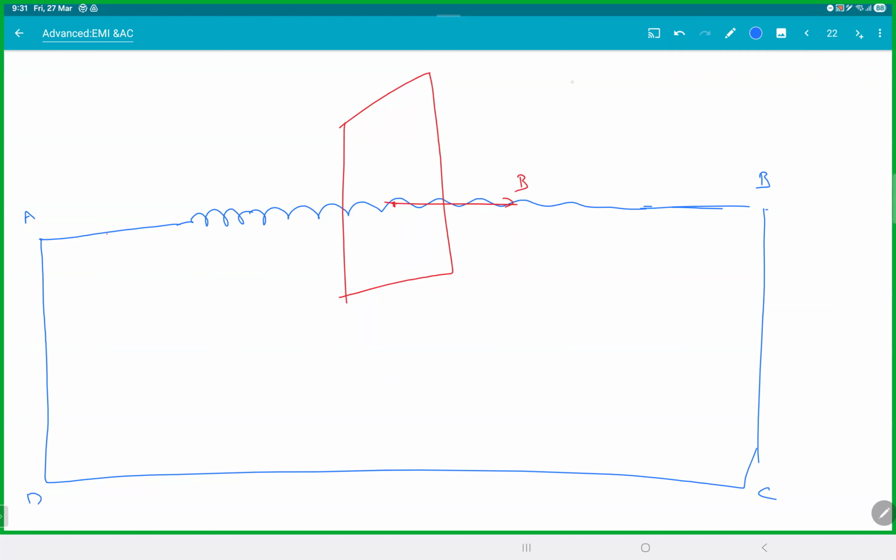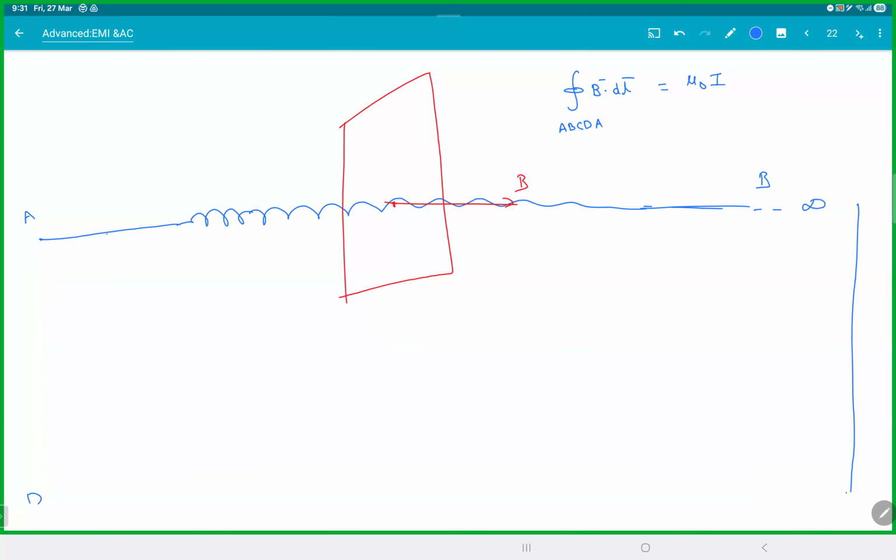If you apply Ampere's law, integral B dot dl on this loop ABCD, shouldn't this be mu naught into I, the current crossing? But remember, this side is already at infinity, this is also at infinity, and this is also at infinity.